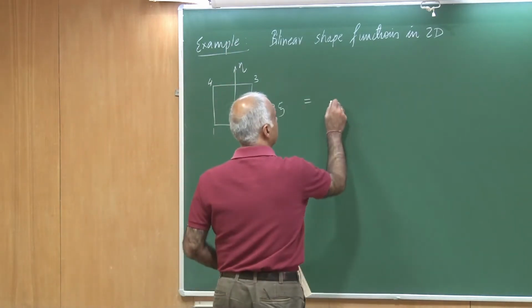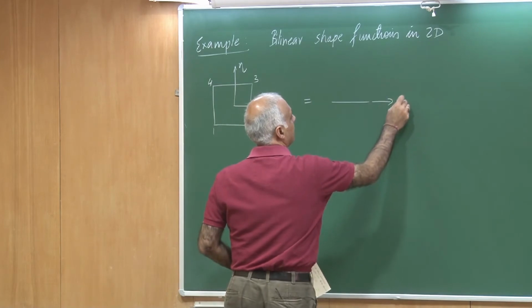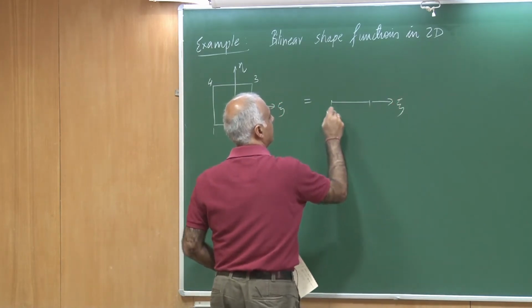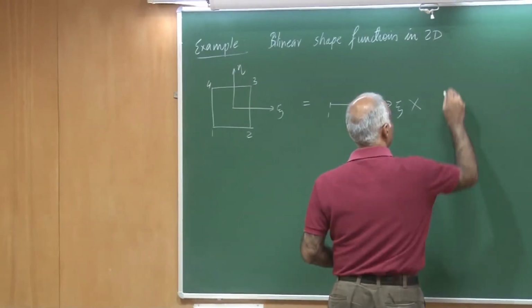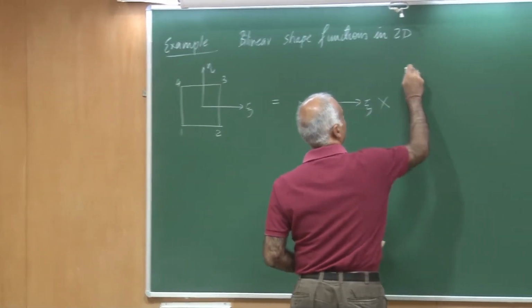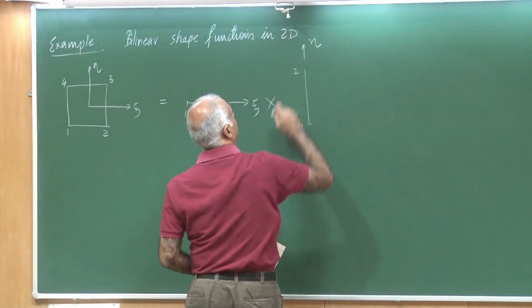So, this is the proposal. So, I can go in the xi direction with 1 and 2 and then marry them with 1 and 2 in the eta direction.